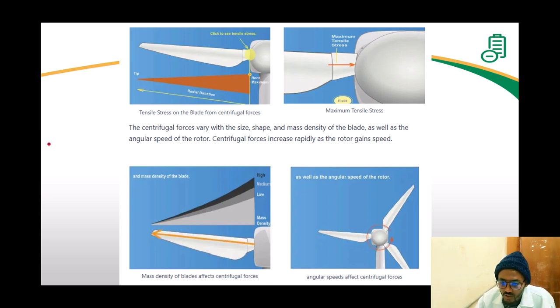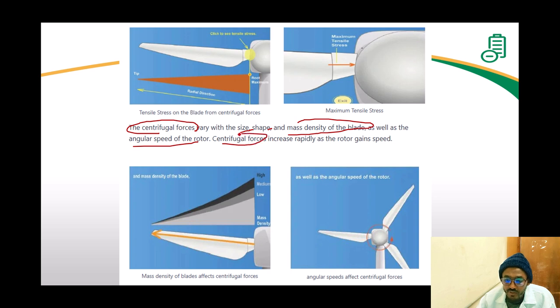Okay, here the centrifugal force may vary. We were talking about the same thing, right? It varies with the size, the shape and mass density of the blade, as well as the angular speed of the rotor. So centrifugal force increases rapidly as the rotor gains speed. When there's higher centrifugal force, there's going to be higher speed.